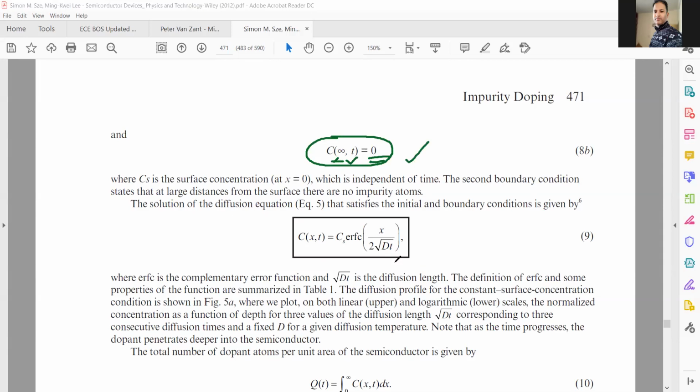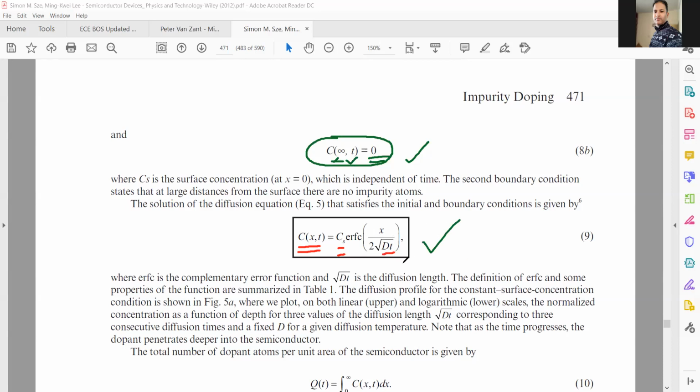So when we solve Fick's diffusion law, we get a complementary error function, and this gives us the value of concentration as a function of depth x and time t, in terms of the dopant concentration at the surface and the diffusion constant.